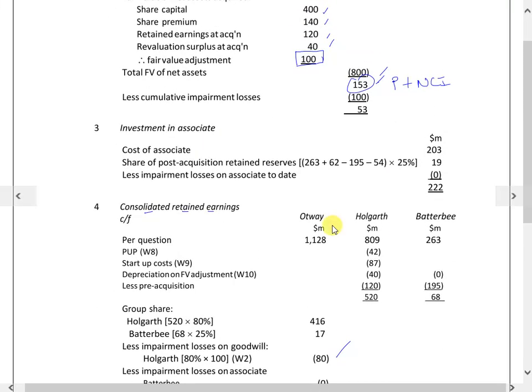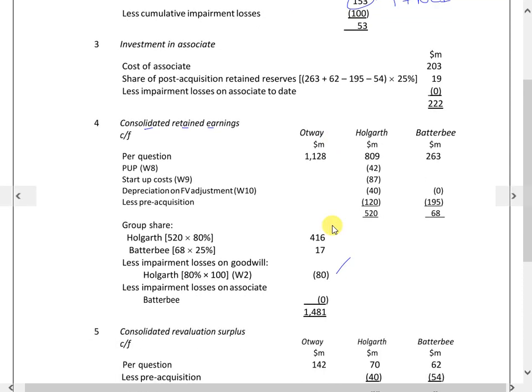If the question is on a proportionate basis, proportionate share, it means this goodwill only belongs to the parent, correct? And if there's an impairment of 100, this whole 100 will come here, fully under parent. Clear?